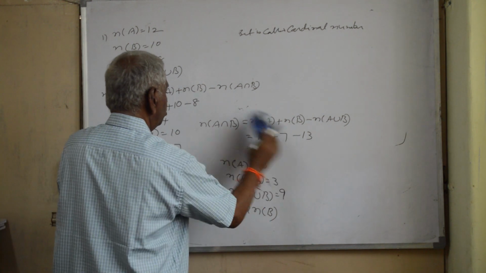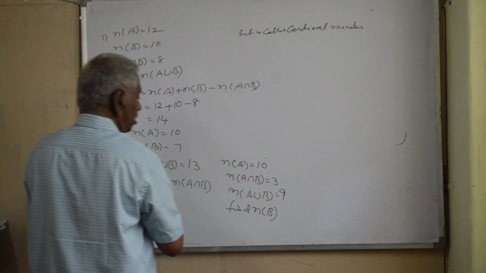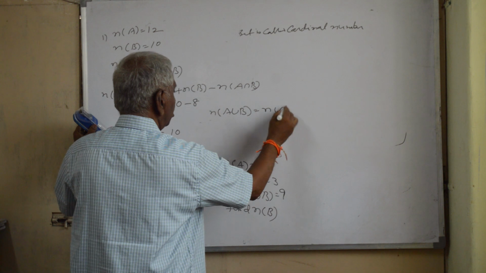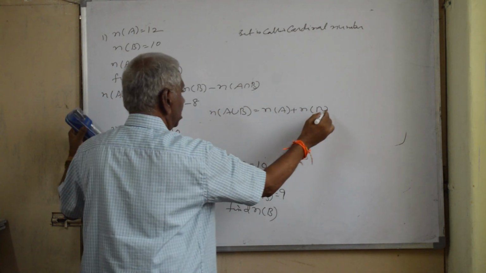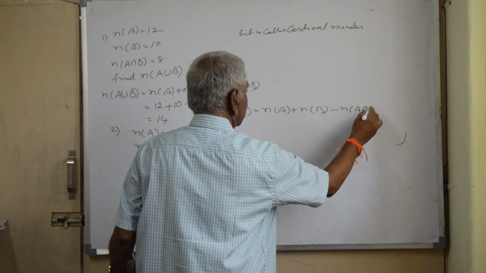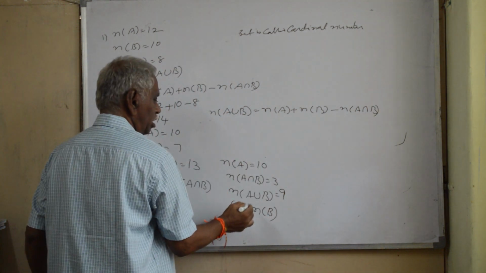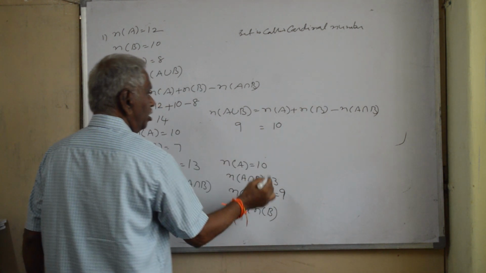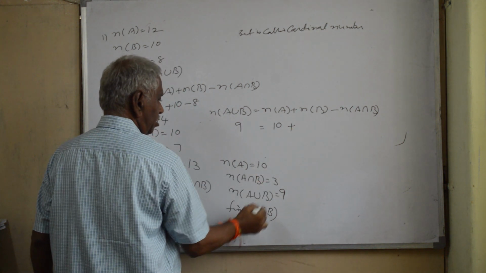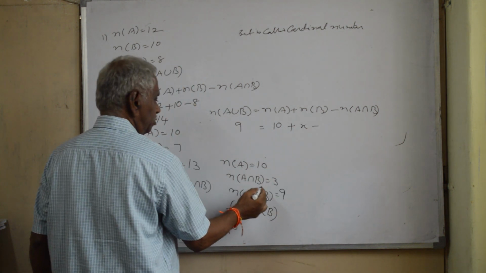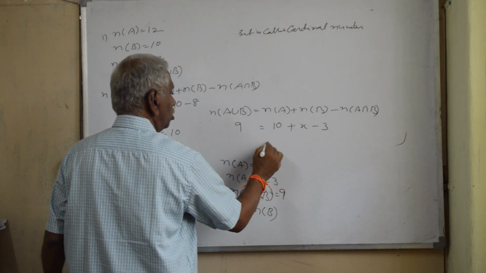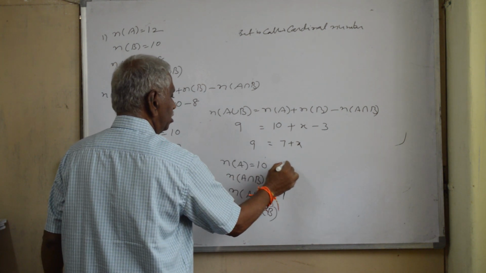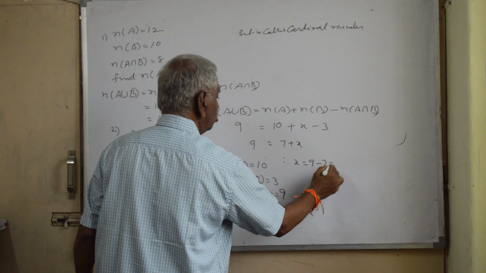By using the same formula, n of A union B is equal to n of A plus n of B minus n of A intersection B. This is given as 9, n of A is 10, n of B we don't know, n of A intersection B is 3. So what is 10 minus 3? 7. 7 plus x is equal to 9. Therefore x is equal to 9 minus 7, which is 2.